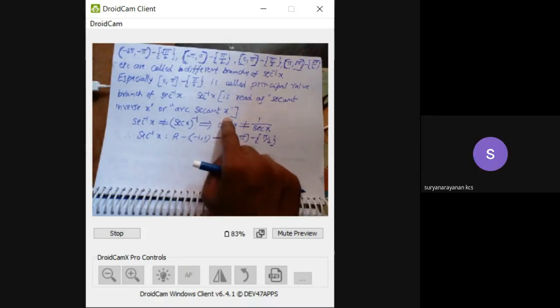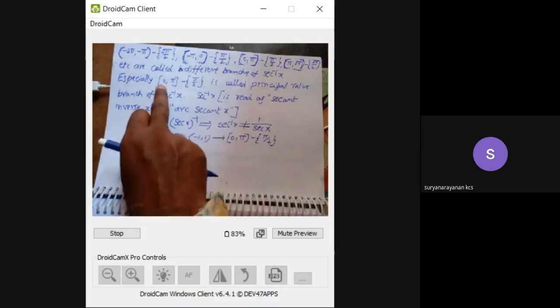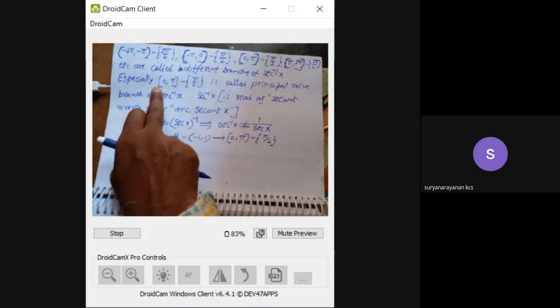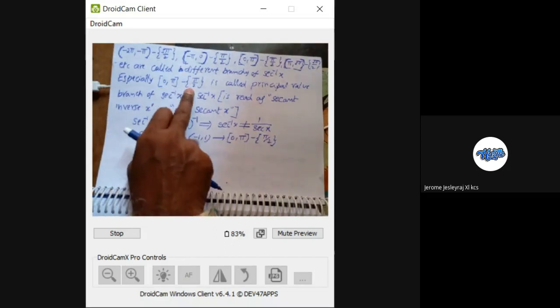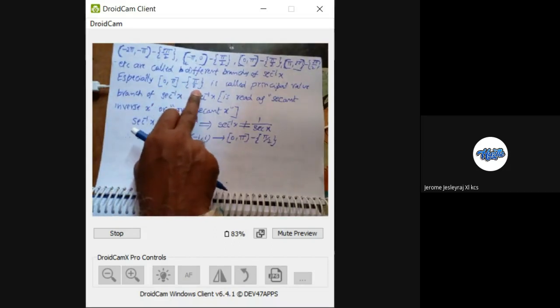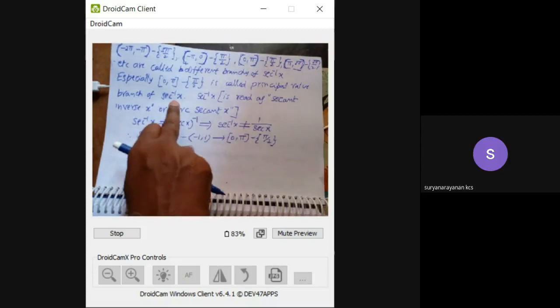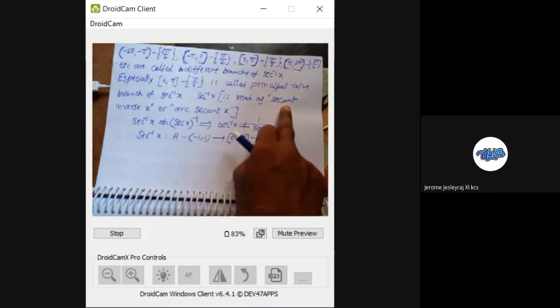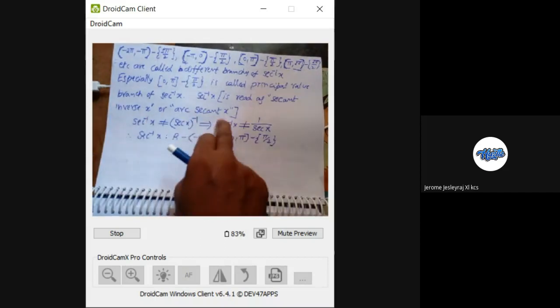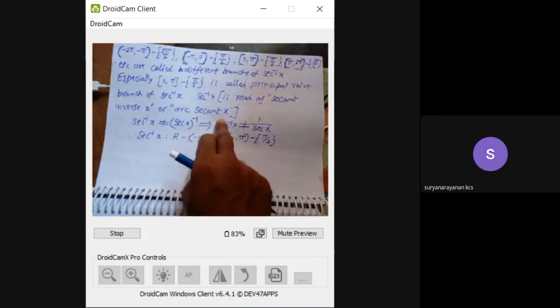Very good, my dear Joseph. Now Jerome Jasliraj. Yes, sir. The closed set of 0 comma pi minus singleton set of pi by 2 is called principal value branch of secant inverse x. This notation is read as secant inverse x or arc secant x. Very good, my dear Jerome Jasliraj.